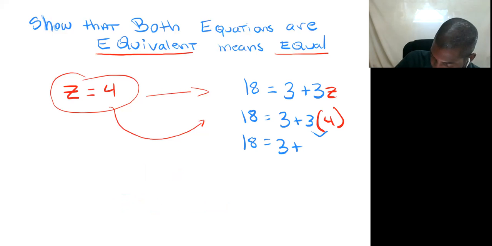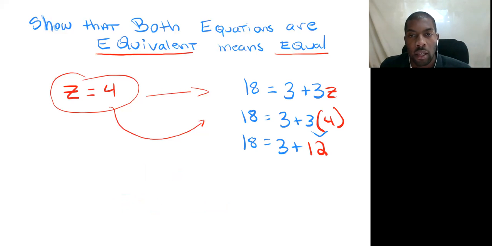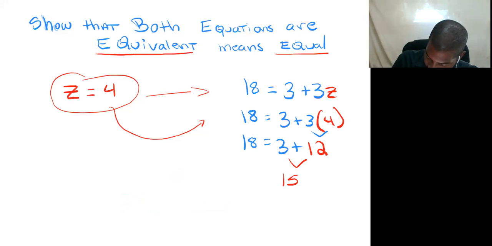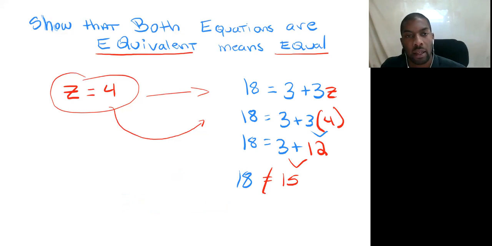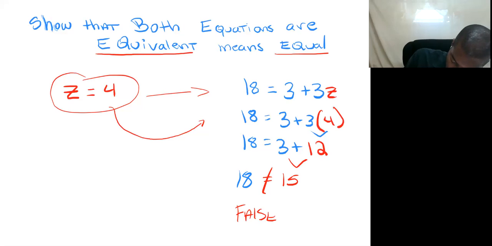Remember, the parentheses means times. 18 equals 3 plus 12. Is that true? Well, 12 plus 3 is actually 15, right? Does 15 equal 18? Obviously, it does not. Therefore, we know that this is false. And so the two equations are not equivalent.